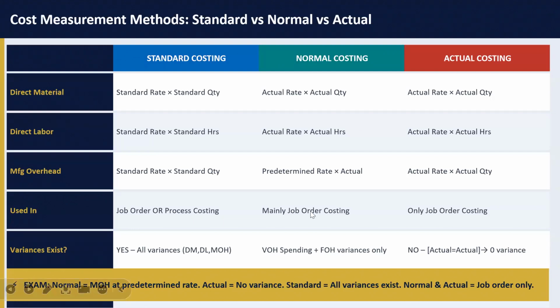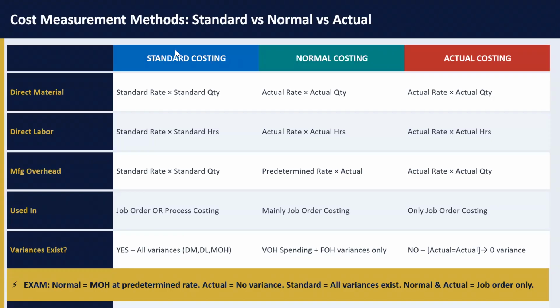Now, when it comes to normal costing, look at this. Direct material variance, direct labor variance, and manufacturing overhead variance. Can we calculate direct material variance in normal costing? Yes or no? Think carefully and tell me.